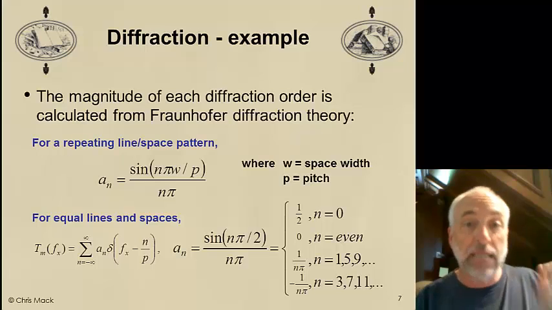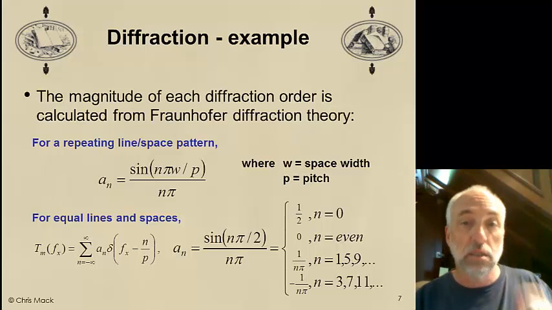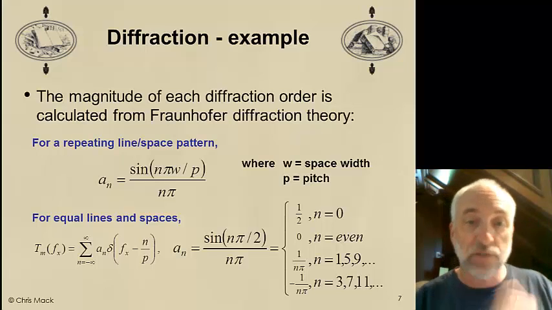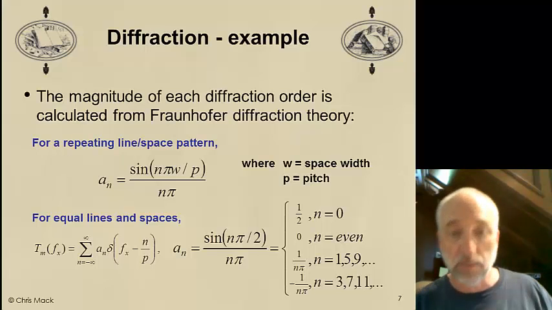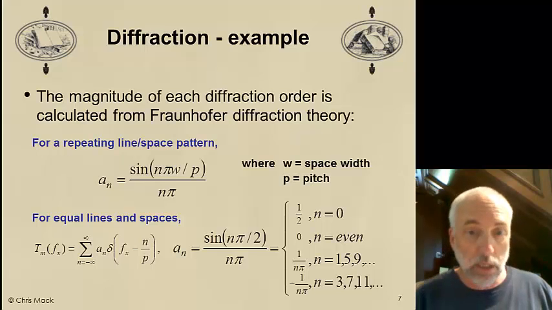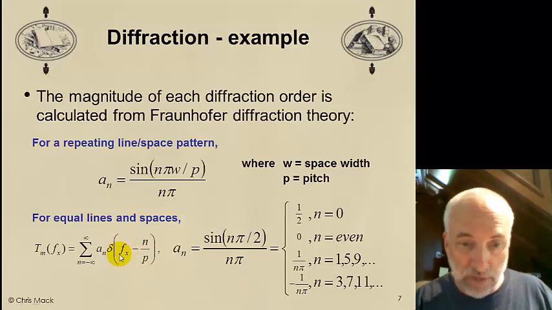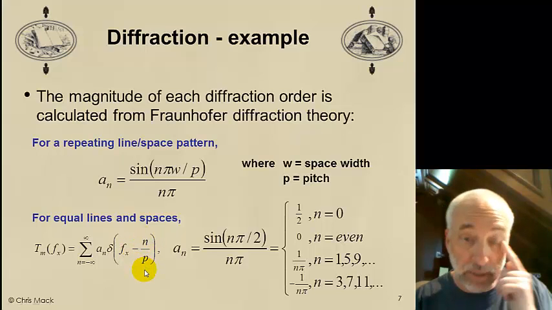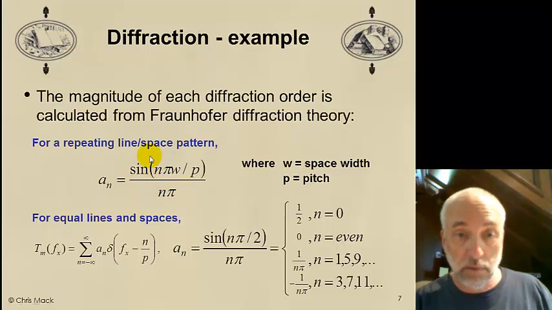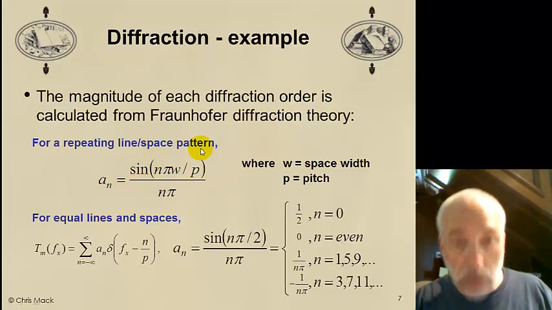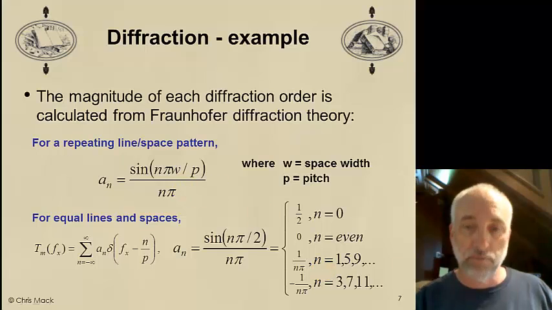It was pi times the spatial frequency times x divided by the spatial frequency times pi. Well, for the case of spatial frequencies equal to n over the pitch, then we see that we will get an amplitude that's equal to that sinc function.